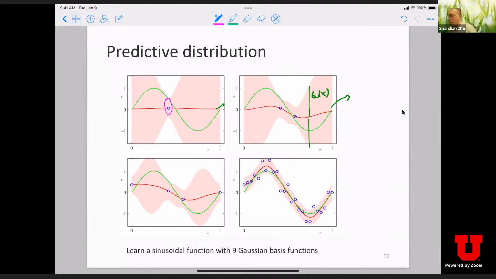Next, if we add one more data point, it's here. You can see that with one more data point, it makes the learned curve better. It's still kind of far away from the ground truth, but your predictive mean becomes a curve rather than a flat line. It's getting closer.